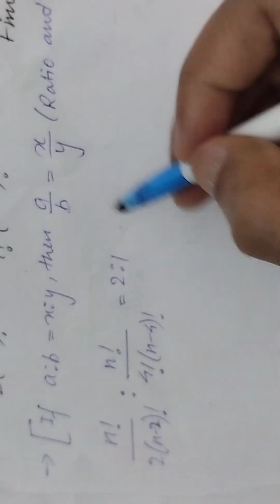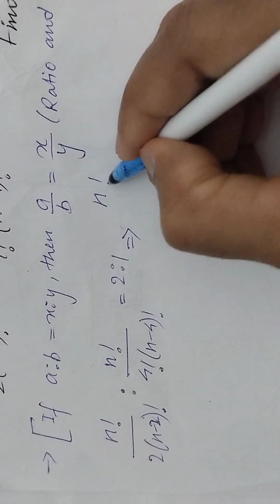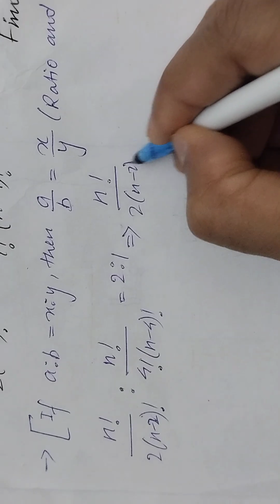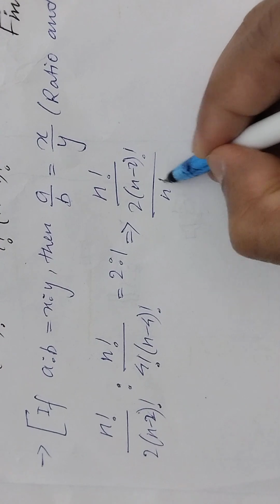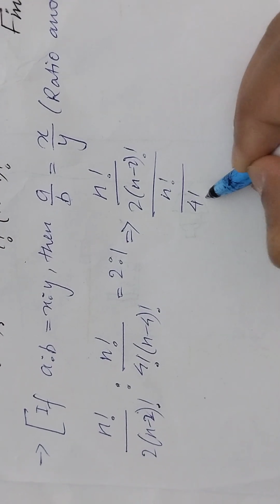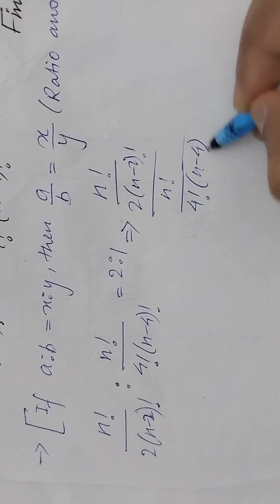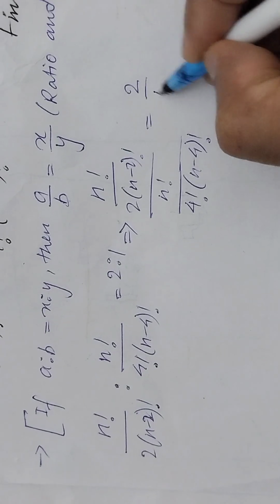So we put them in the rule: n factorial by 2 into (n minus 2) factorial, divided by n factorial by 4 factorial into (n minus 4) factorial, is equal to 2 by 1.